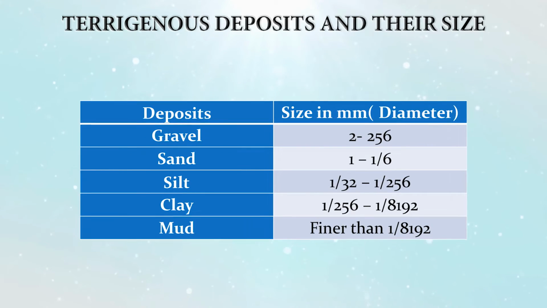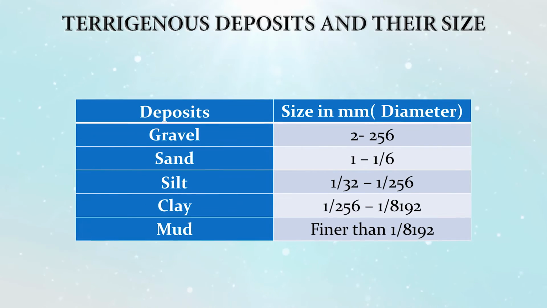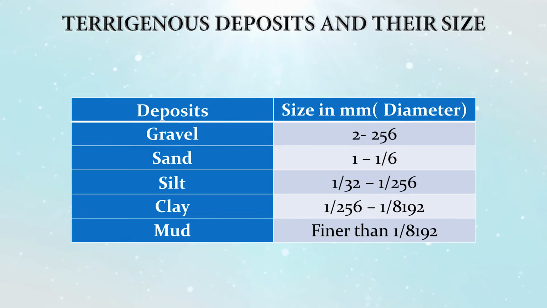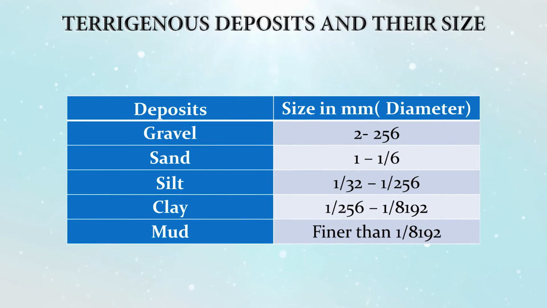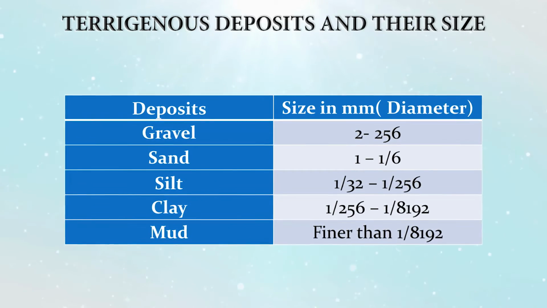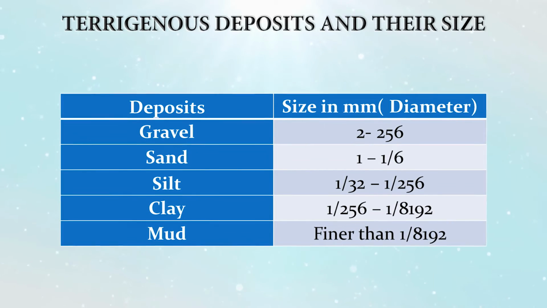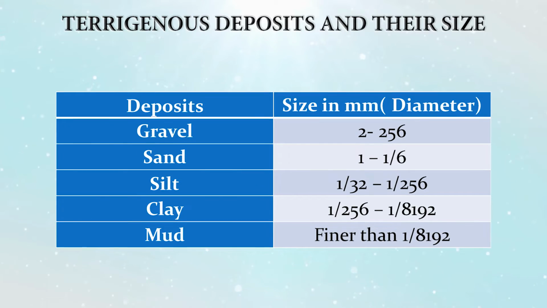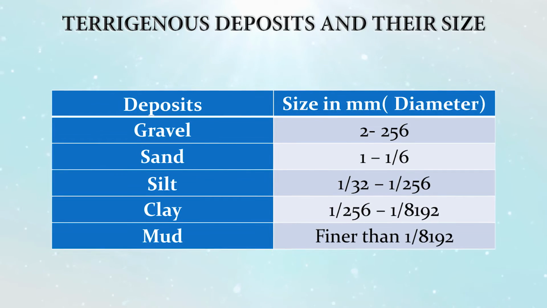In this table, you can see the size in diameter of the different terrigenous deposits. Gravel has the highest diameter, ranging between 2 to 256 millimeters, and mud is the finest amongst them, with a diameter even less than 1 upon 8192 millimeters.